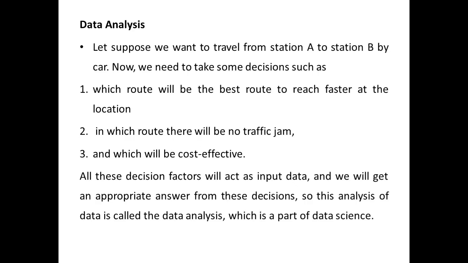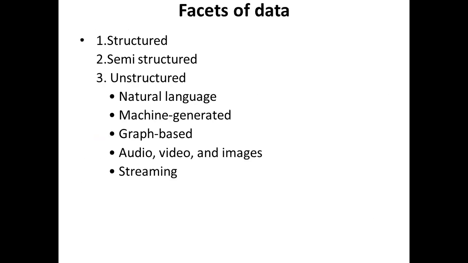So these are the three main factors: best route, no traffic jam, and cost effective. These three things are the input here, and we will get the appropriate answer from these decisions. This analysis of data is called data analysis. So we are collecting all three data, and based on the data only, we are taking the decision, which is a part of data science.